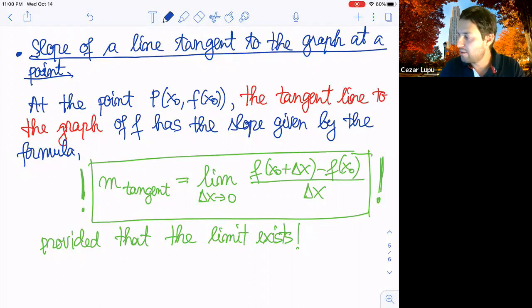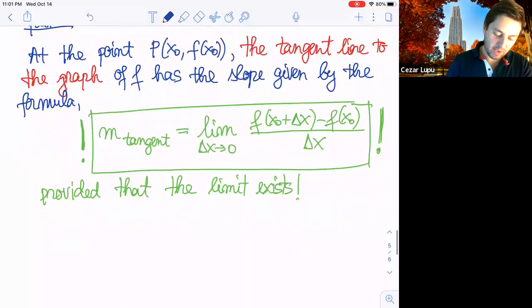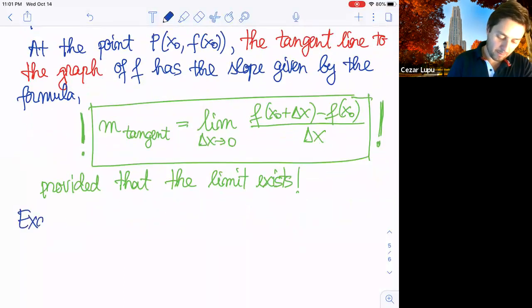And probably you have seen this in the first or second lecture when we talked about the difference quotient. So as you can see here, the quantity inside that limit is nothing else than just the difference quotient. Anyway, let's do the following example, a quick example.